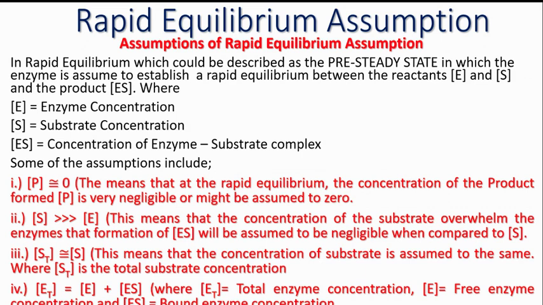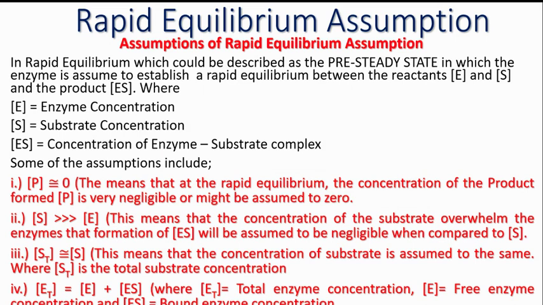Number 2, we also assume that the substrate is far greater than the enzyme. This means that the concentration of the substrate overwhelms the enzyme, so the formation of ES will be assumed to be negligible when compared to S, even though ES breaks down to enzyme and substrate. When you compare the substrate to the enzyme, the substrate overwhelms, it's so large.